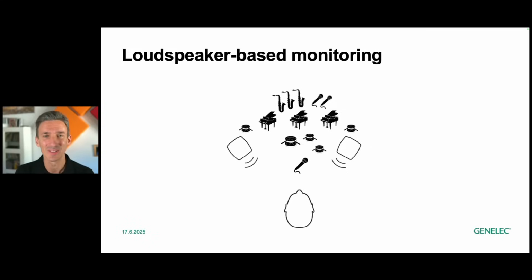So, for example, time differences, level differences, and this so-called phantom center, so that a singer is exactly in the middle of the speakers, is created by having exactly the same signal from the left and from the right speaker. Ideally, if it's a calibrated speaker, for example, with the same frequency response, and of course the same time of flight, so the speakers should also have the same distance to you. And if this is the case, then you get a really proper presentation of a so-called phantom center.